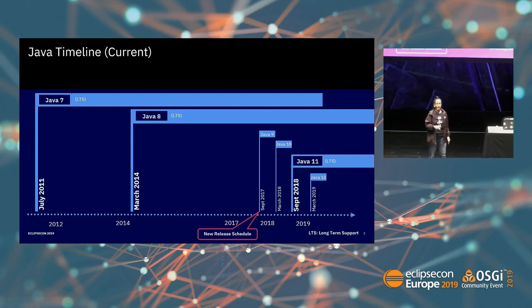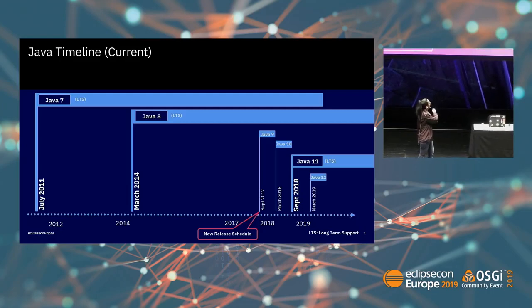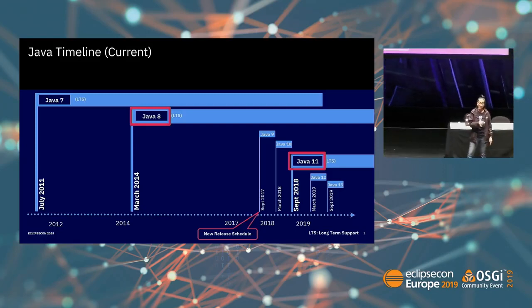Java 12 came out in March of 2019, and that went out of support when Java 13 came out last month. The reason I show this is because my focus is going from Java 8 to 11. I deal with developers that would rather not upgrade if they don't have to.